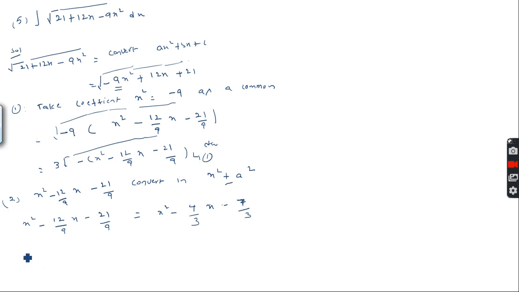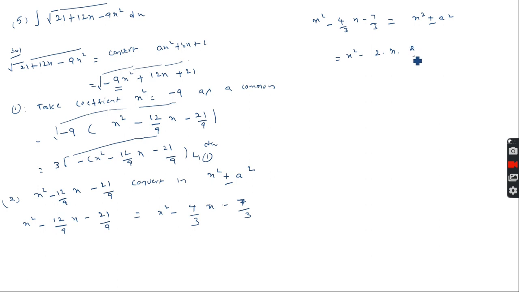So this is converted into the x square plus or minus a square form. For that we write x square minus 2ab, and 2ab is 4 by 3, so the b value is 2 by 3.